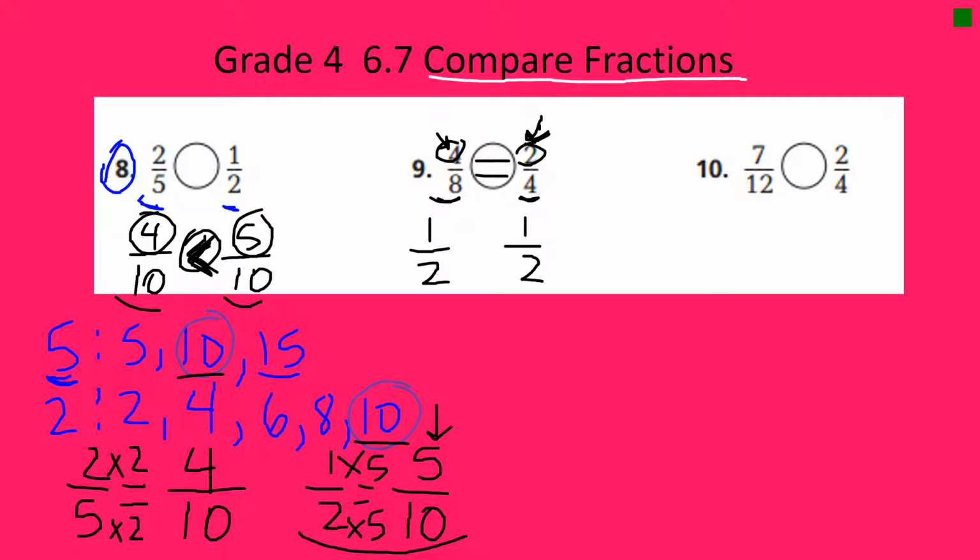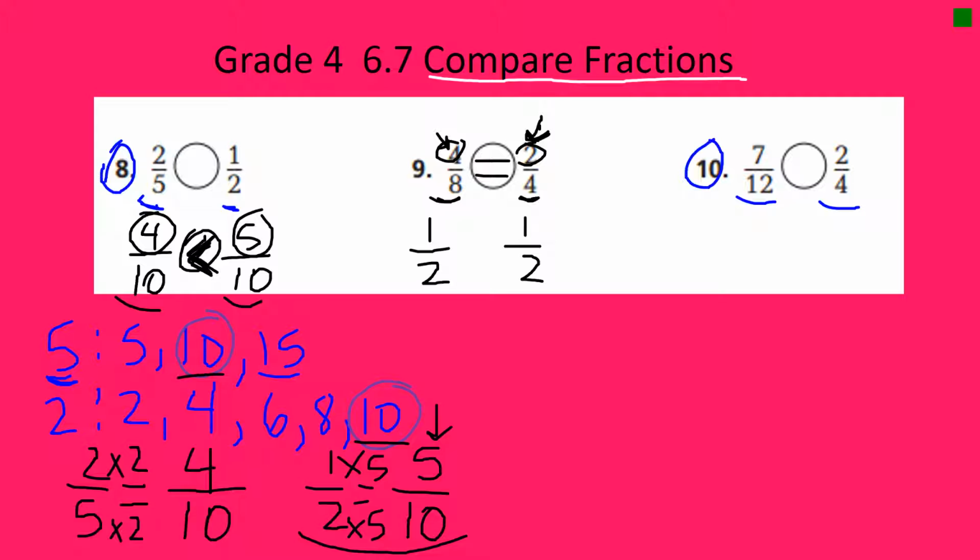Number 10, we could use a couple of different strategies. So I'm going to start off with the common denominator, and then we are going to use the strategy of greater than or less than half, our friend, the benchmark fraction half. Okay, so common denominator is first. Now this is number 10. The denominators are 12 and 4.